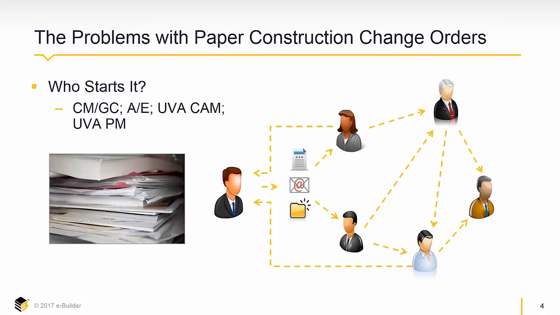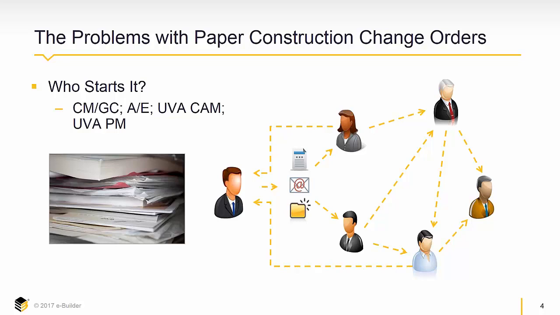One of the first issues that we face with the paper construction change order process is who starts it. Is it going to be the CM? Is it going to be the AE? Internally, we have a construction manager and a project manager. Are either of them going to start it? Once it's started, who does it then go to?